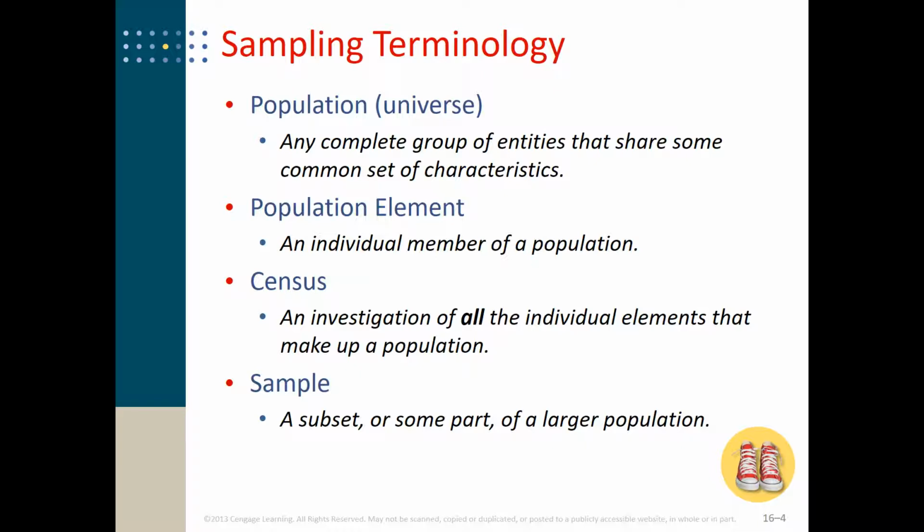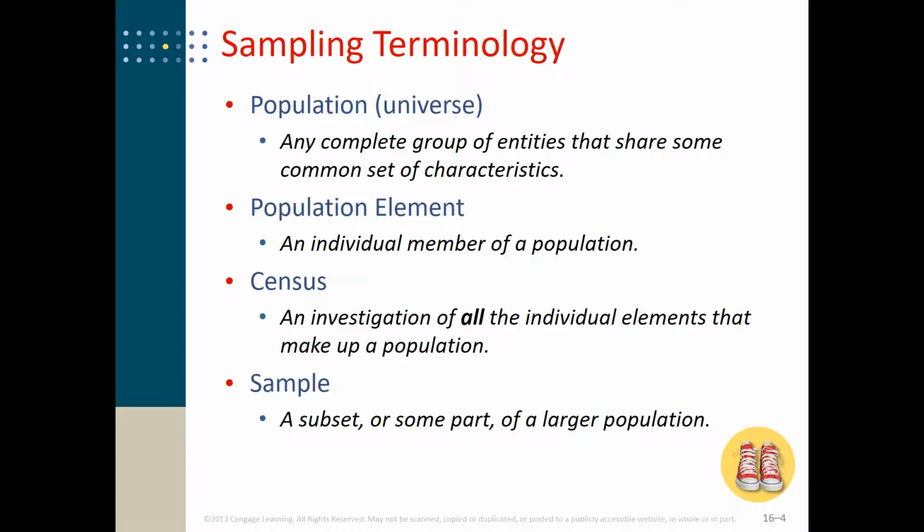And you understand that in a particular population, the population elements will share a common characteristic. For example, when you say students, their common characteristic is they are students. When you say journalists or politicians, their common characteristic is they're journalists or they're politicians.